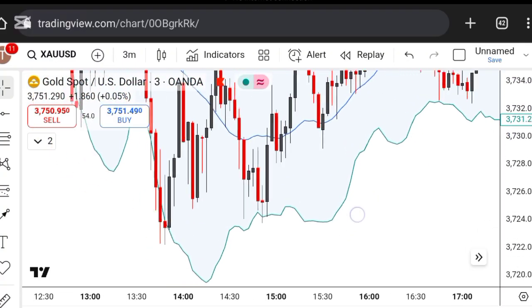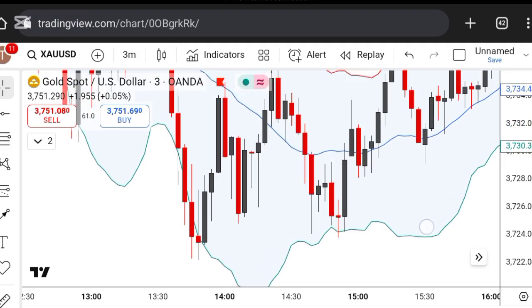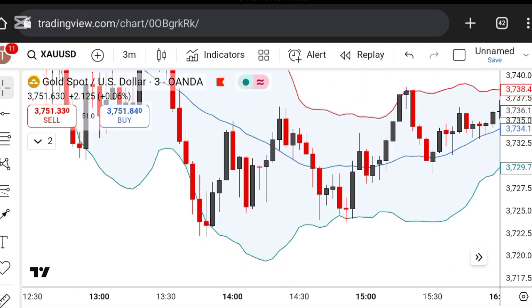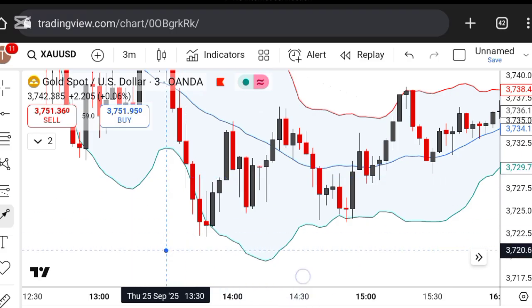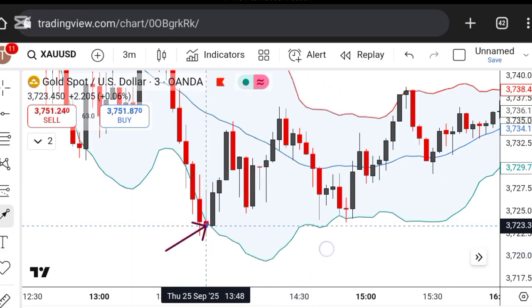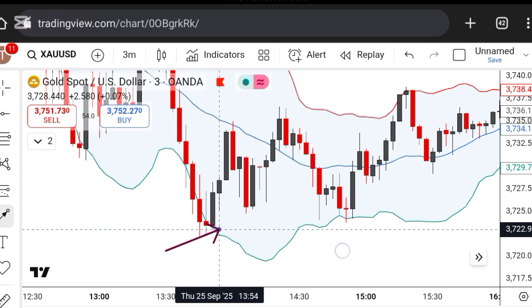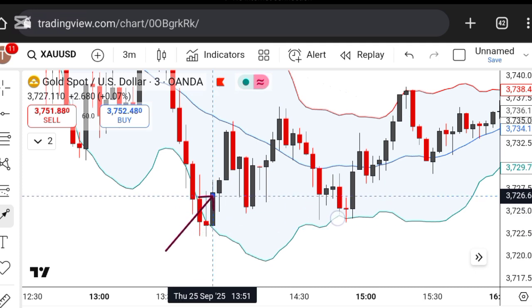Once again, this market comes to the lower band. You see the market coming to the lower band right here. As this market touches the lower band, here is the candle. Then you are looking for the 50% of this candle.